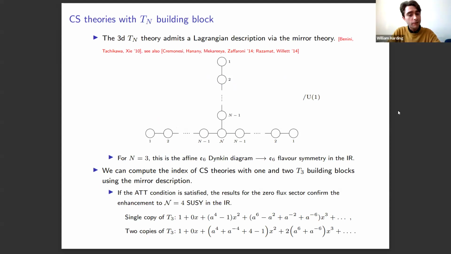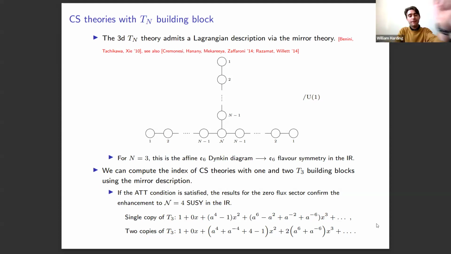Now we can compute the index of Chern-Simons theories with 1 and 2 T3 building blocks using the mirror description. And if the ATT condition is satisfied, the results for the zero flux sector of the index confirm the enhancement to n equal to 4 SUSY in the infrared. And here I reported the results for a single copy of T3 and 2 copies of T3 gauged with Chern-Simons level satisfying the ATT condition.